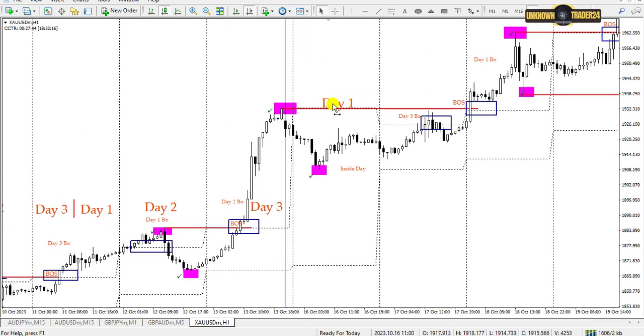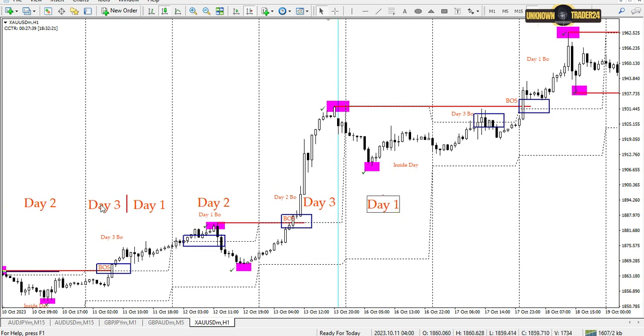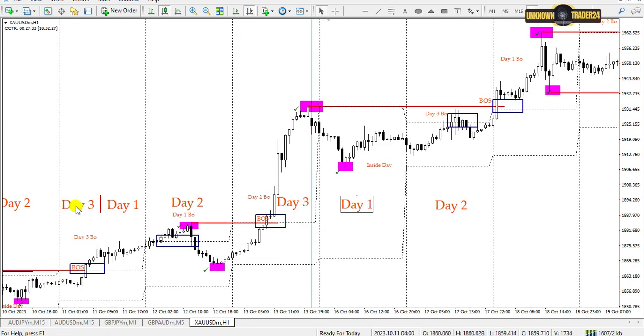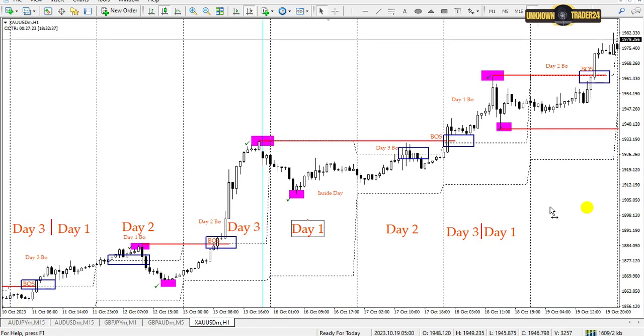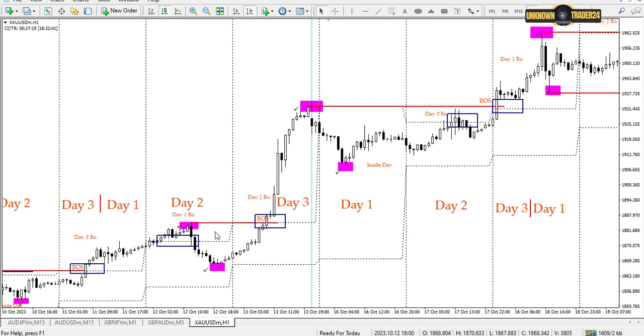Okay, let me just do this right here again. I'll put it down here. This is day 1, this is day 2, and this is on a weekly template. Don't forget this is on a weekly template. So on a weekly template, Wednesday and Friday are going to be crazy, but there are days when you'll find that the breakout started on Thursday, Friday, Monday, or it starts on Friday, Monday, Tuesday.